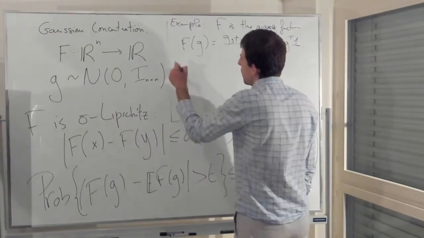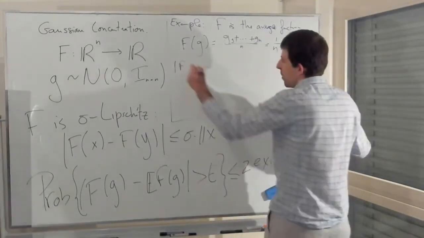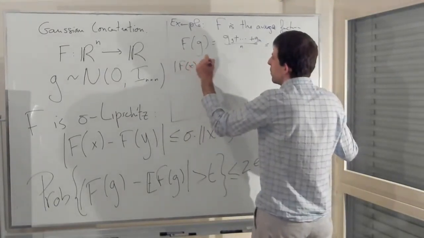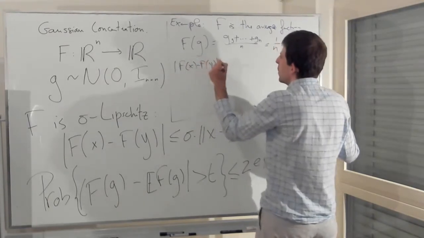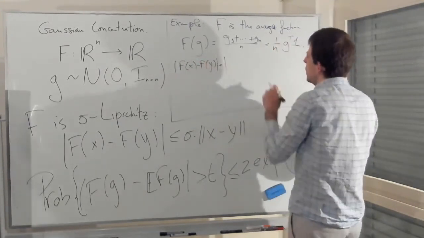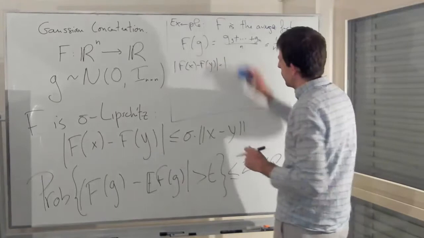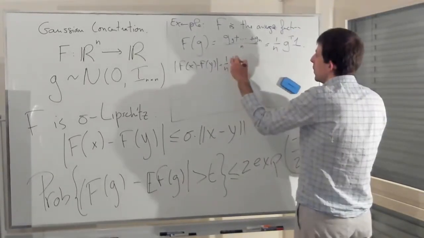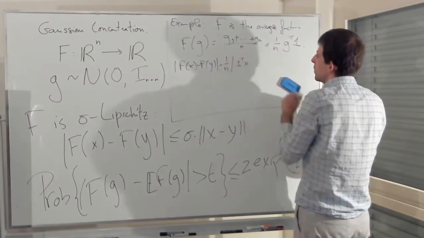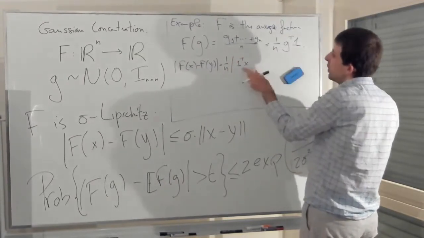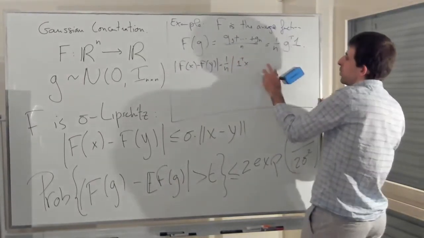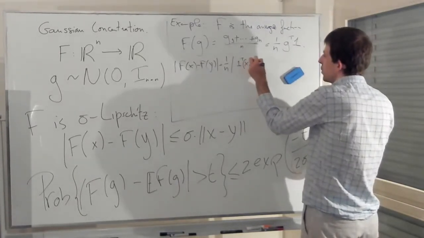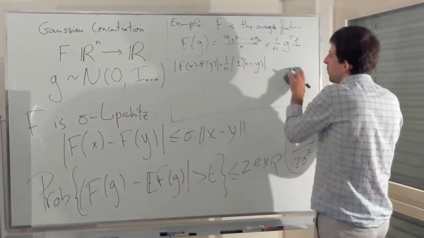If we take f(x) minus f(y), we can push the 1 over n outside. We get 1 transpose x minus 1 transpose y, so this is 1 transpose (x minus y).